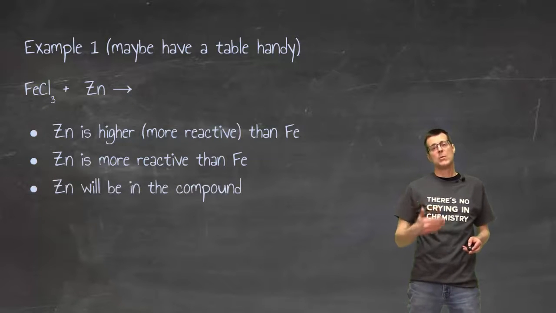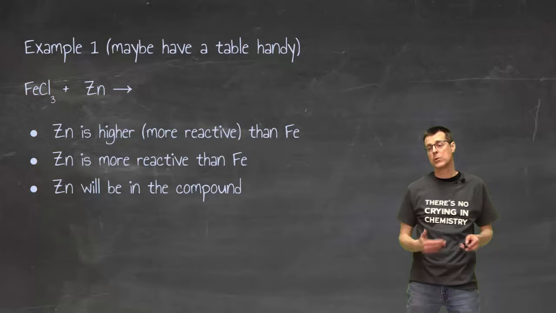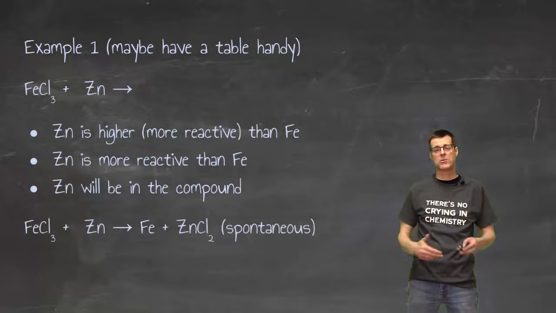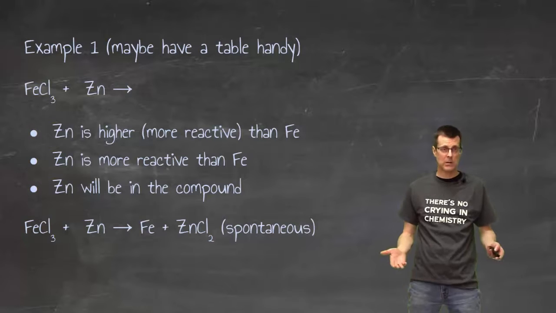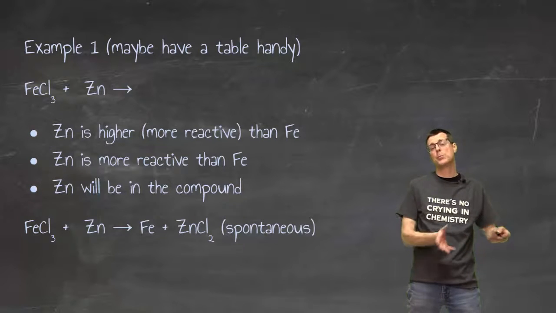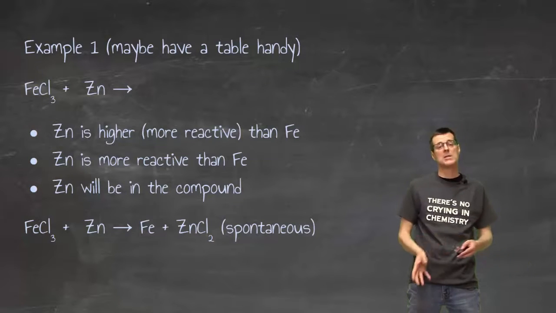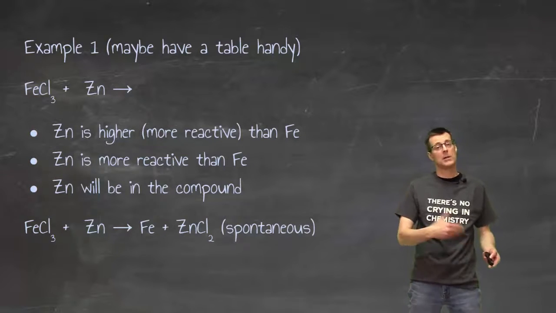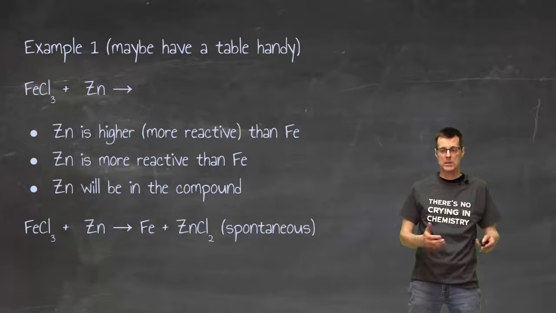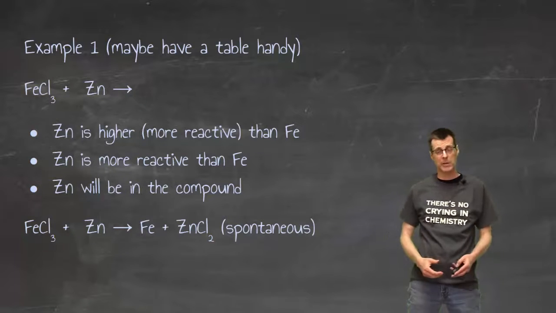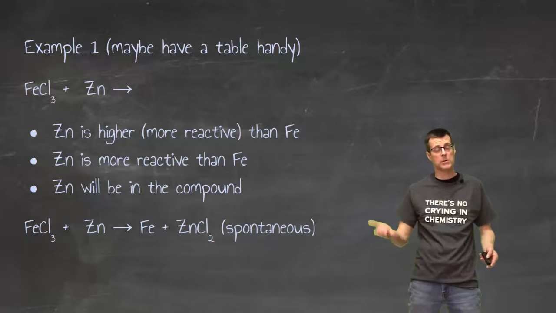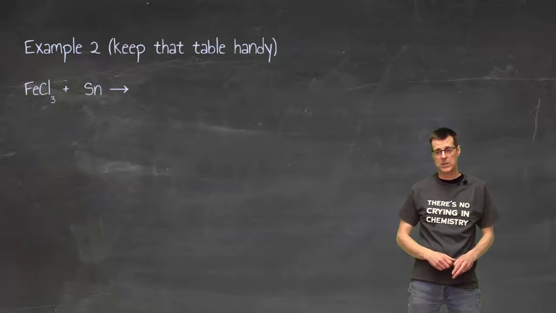That means zinc is more likely going to be in compound form, which means in this particular reaction, where iron starts out in compound form, it's going to be bumped out by zinc, and zinc will take over the job of being in the compound, leaving iron, the less reactive metal, to be not in the compound. So that reaction, as written, is spontaneous. It follows the activity series.